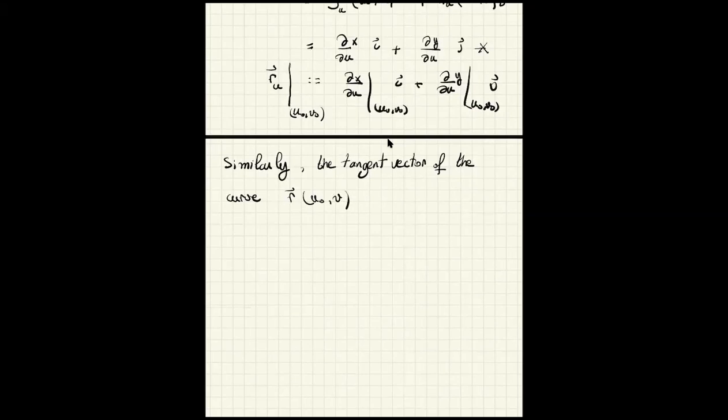The tangent vector of the curve at (x0, y0) is r_v, which is g_v (u0, v0) i plus h_v (u0, v0) j.